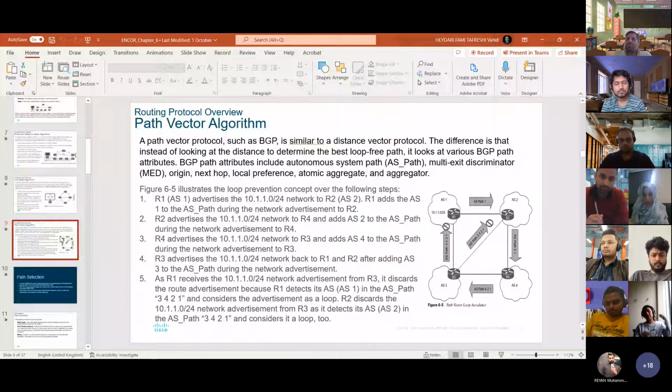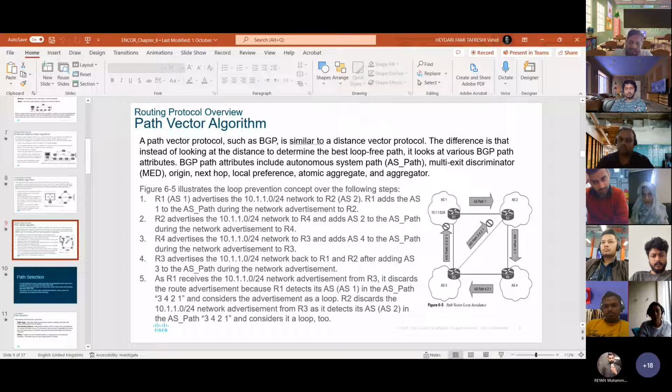Another attribute is multi-exit discriminator, MED, we call it, origin, next hop, which is the usual suspect, you know it, local preference, and atomic aggregate. I don't want you to go through those last attributes for BGP, but for important ones like AS path, origin, or next hop, you should know what they mean and how they are used. So let's see an example here.